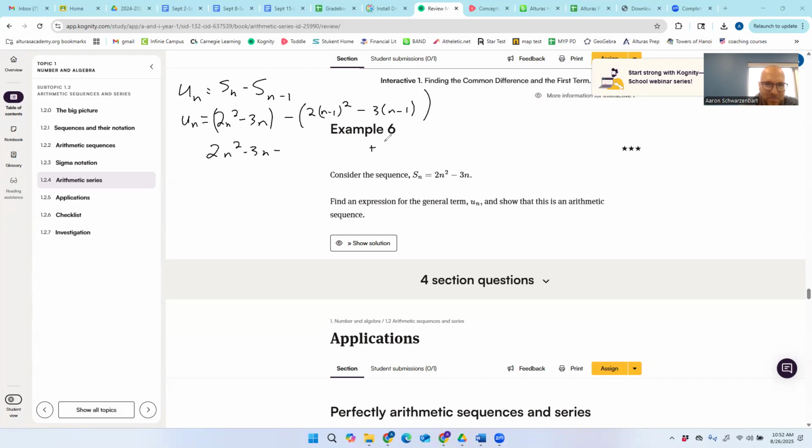So I distributed the negative and the 3 here. Now I got to square this. N minus 1 squared is n squared minus 2n plus 1. And I got to double it and negate it. So plus 2 minus 2.